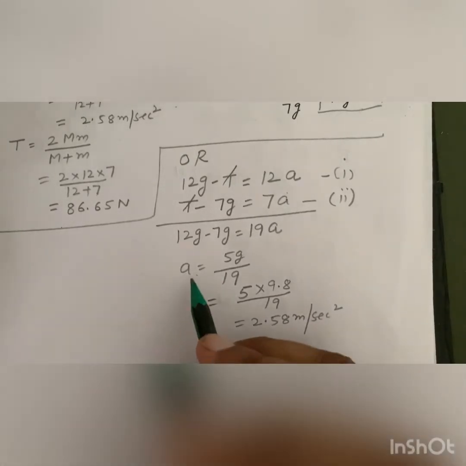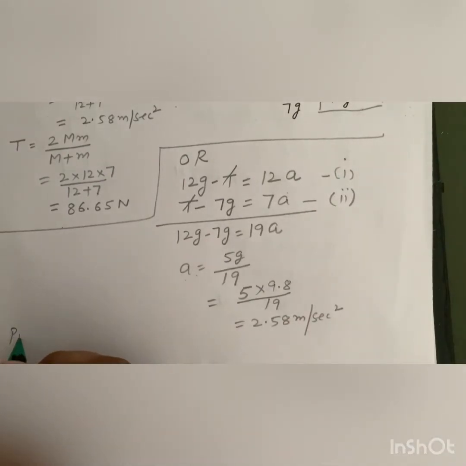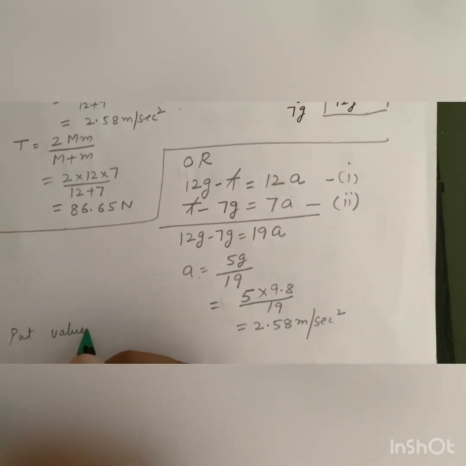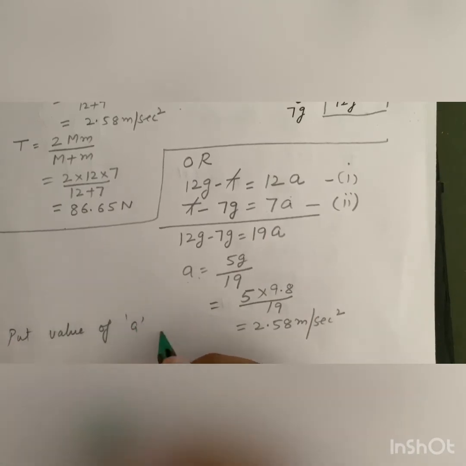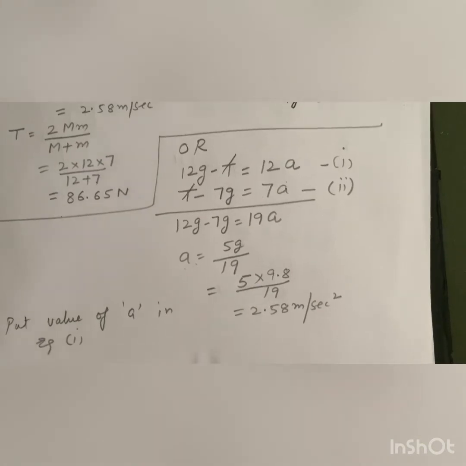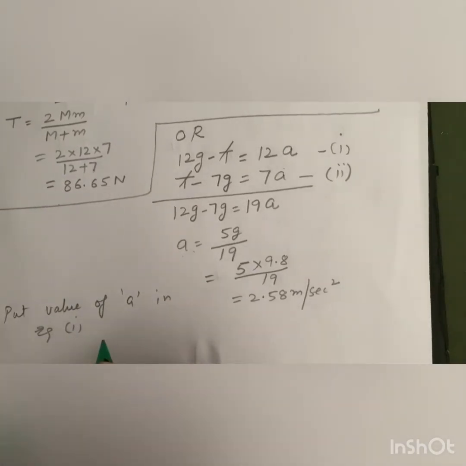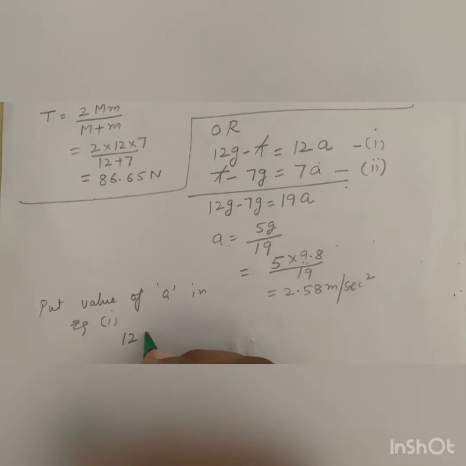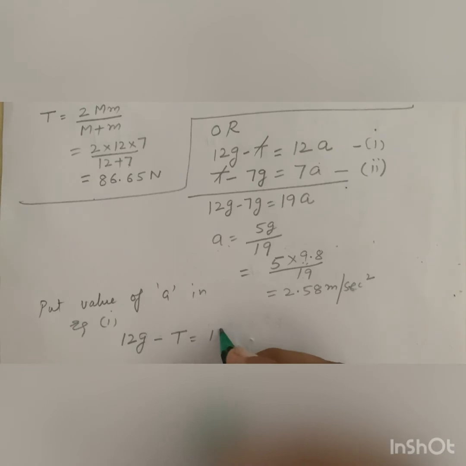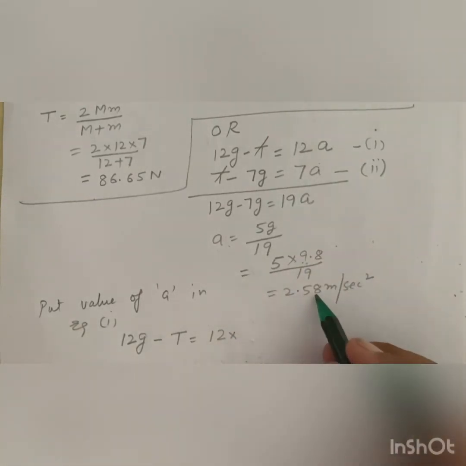Now we put the value of acceleration in equation 1. Put the value of A in equation 1. We get 12g minus T equal to 12 into acceleration, which is 2.58.